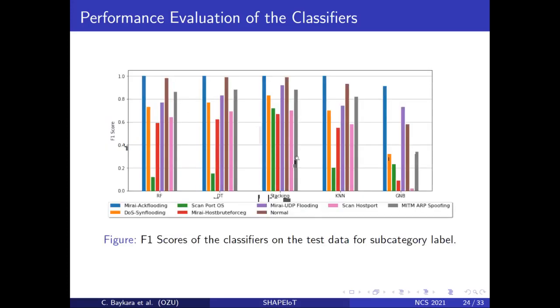Here you can see the performance of each classifier on each class instance on the subcategory label a little bit better. And here I would just like to point out that the stacking classifier performed by far the best at detecting some of the specific classes, such as the scam port attack. As you can see, the stacking classifier is the best at detecting the scam port attacks.